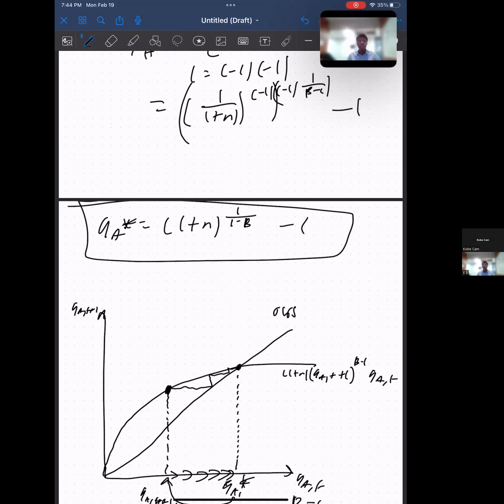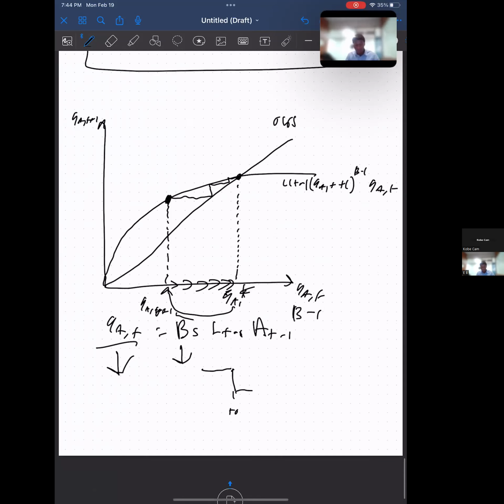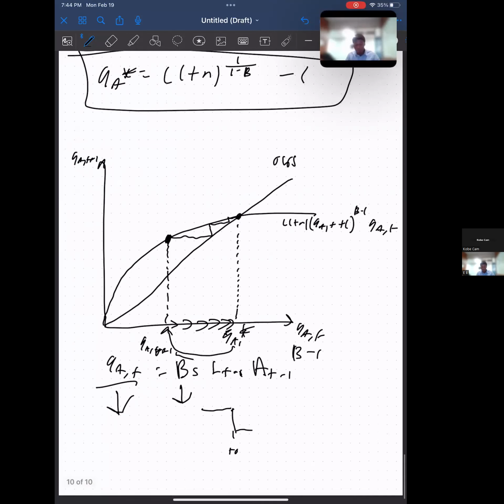There's no B there. So if that doesn't change, the steady state doesn't change either. In the short run we see this decrease, then in the long run the growth rate goes right back to where it was. And this is the phase diagram showing that.